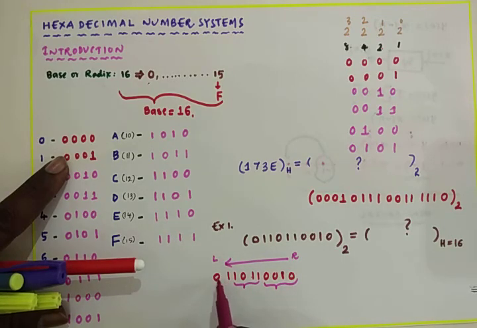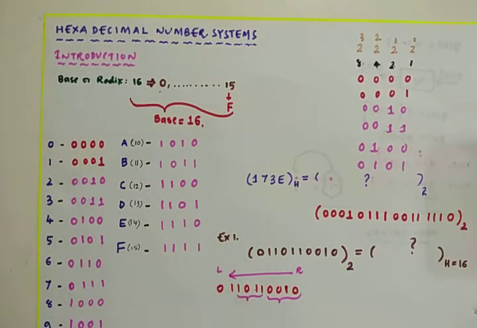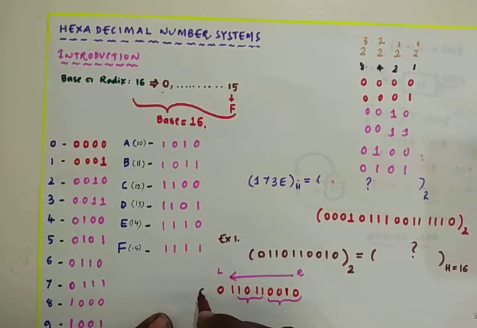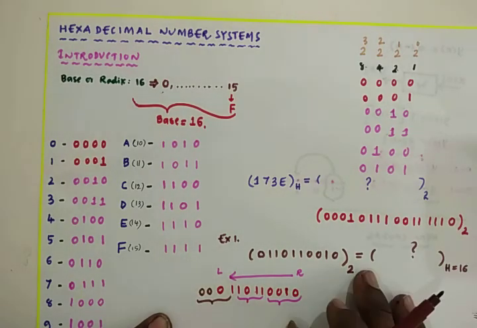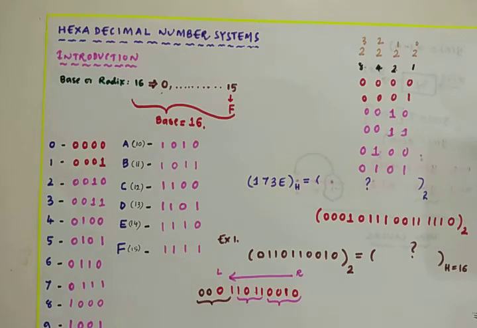In the last group only 0 1 is there, so I can add 2 more zeros to make it 4 bits. So how many groups of 4 bits are there? 3 groups.